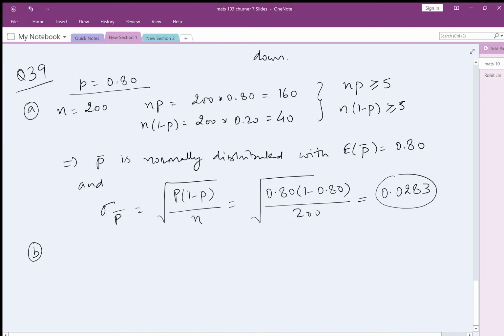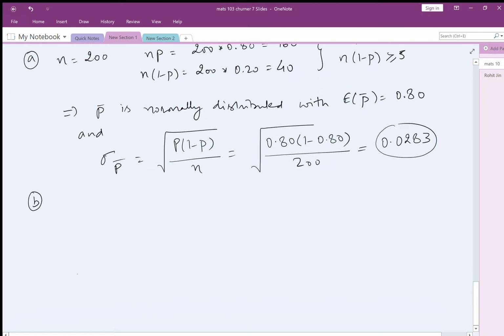Part B is based upon a sample of 200 complaints, what is the probability that the sample proportion will be within 0.04 of the population proportion? Basically, the average value is 0.80, so what is the probability that it is between 0.84 and 0.76?